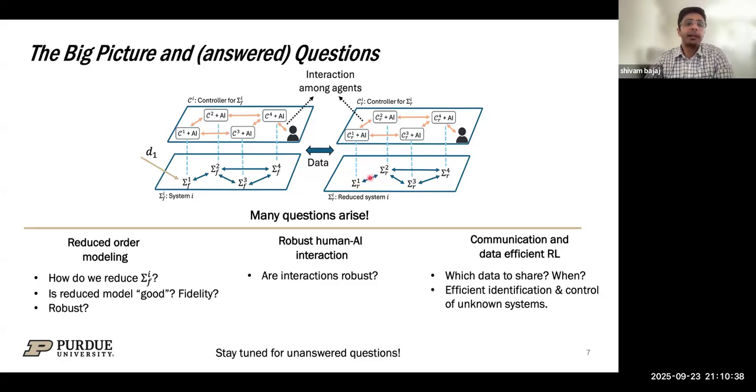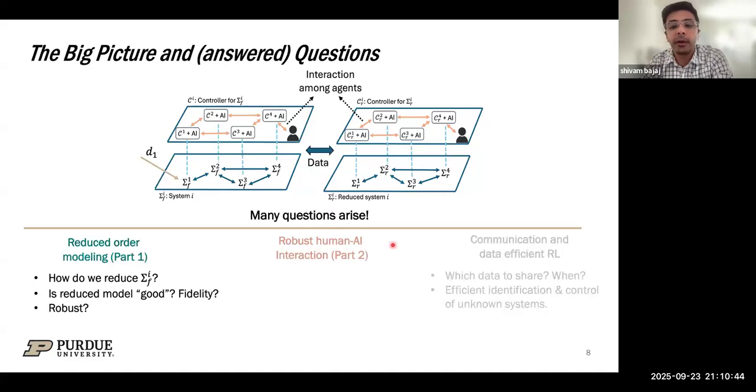So these are the questions that I've asked and answered in the past couple of years. And for today's talk, I will only be focusing on the first part, which is the reduced order modeling, and the second part, which is robust interaction among agents. The third part I will not talk about today, but in the end, I will probably spend a minute just to talk about what I have done in this area as well.